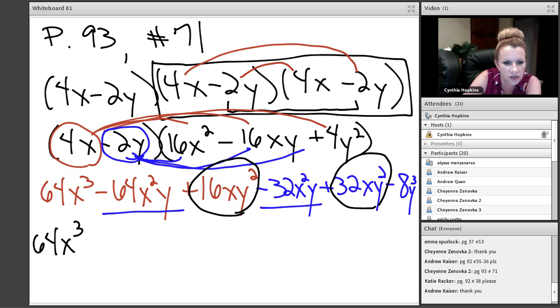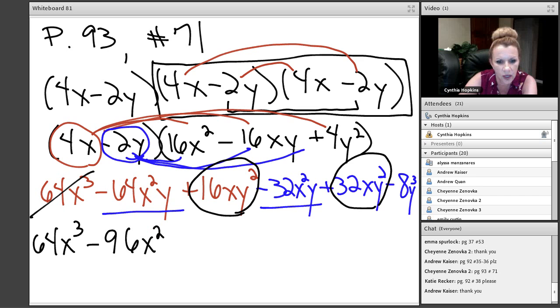There's nothing to combine with that, so I'm done and I'm going to cross it out. Next, I'm going to do the x squareds. So the x squared y, I have negative 64 of those, minus 32 of those, so I get negative 96 of those x squared y's, and those terms are gone.